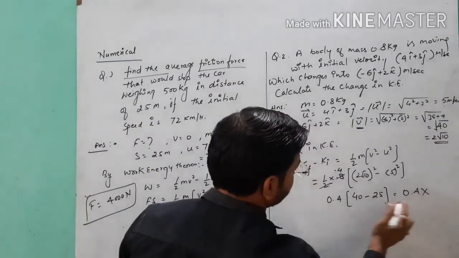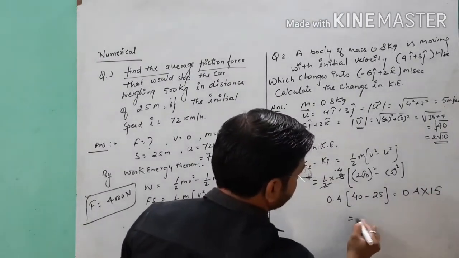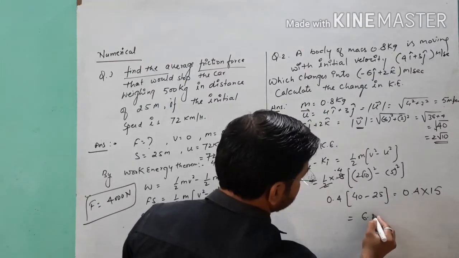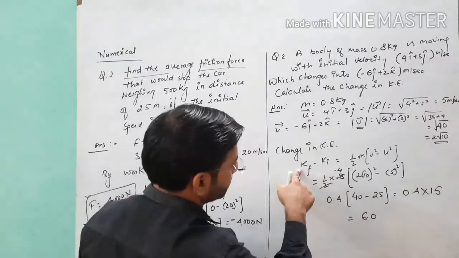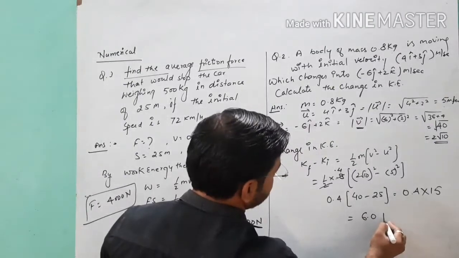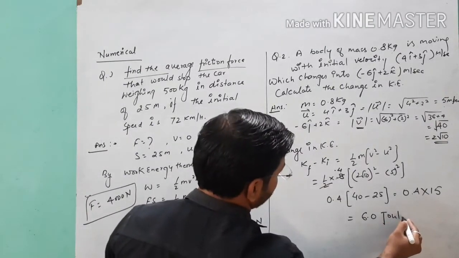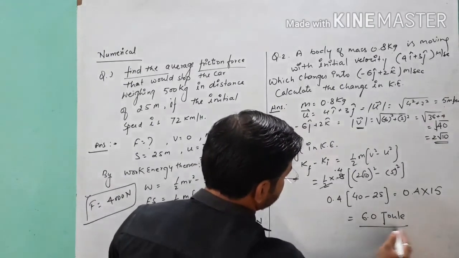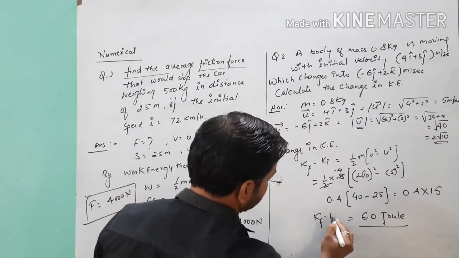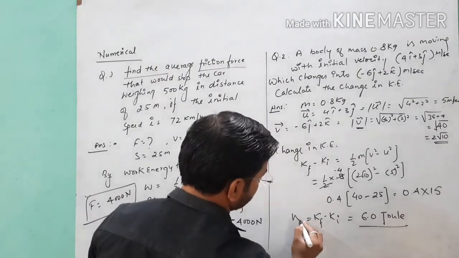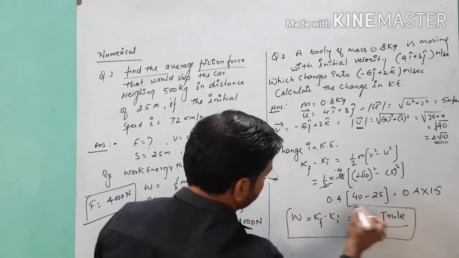So 0.4 into 40 minus 25, that is 15, 0.4 into 15, equals 6.0. This is the change in kinetic energy, so 6 joule is our answer, the change in kinetic energy, which is equal to the amount of work done.